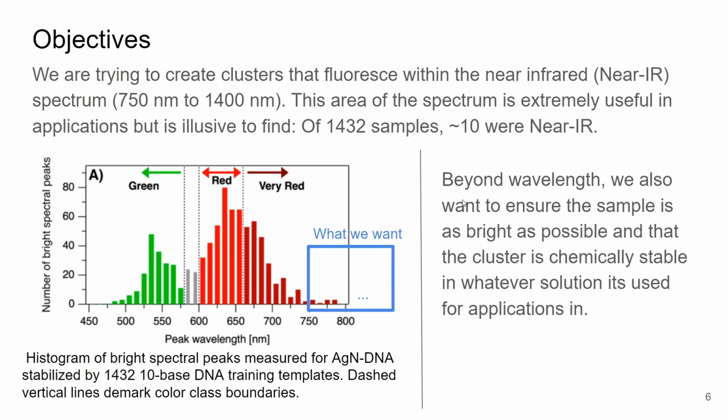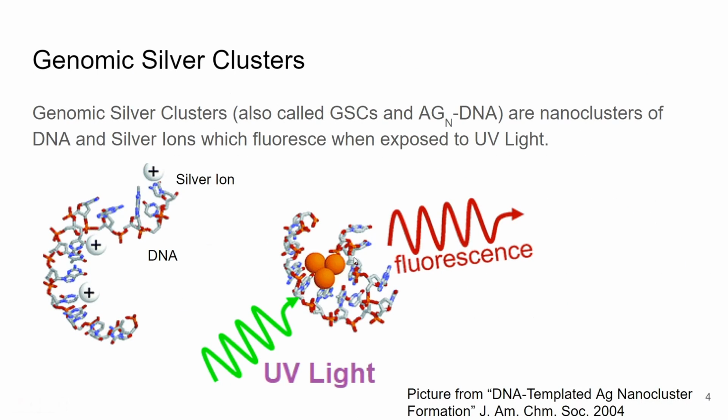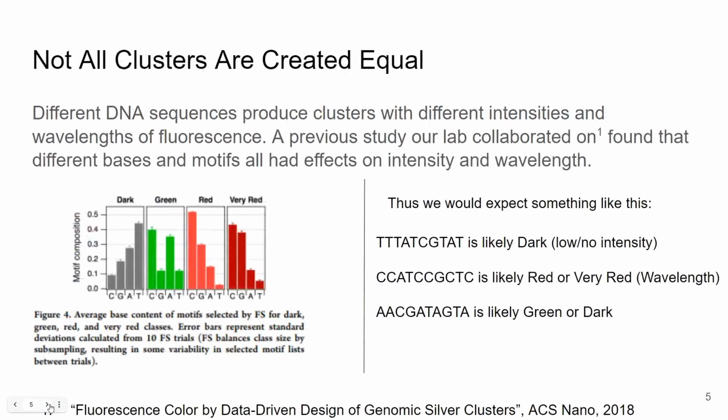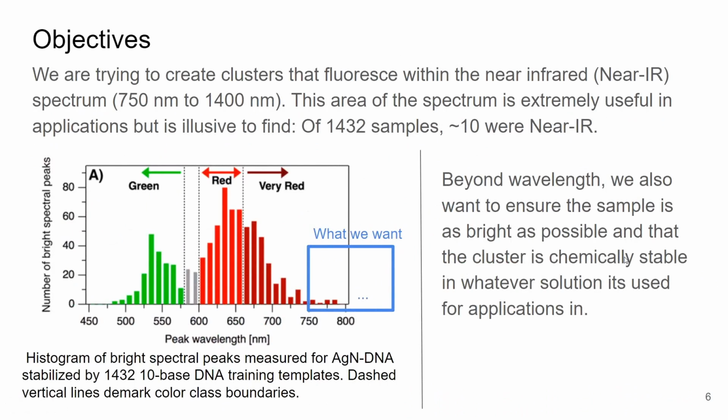But there's more than just that. We also want beyond wavelength. So essentially, these are literal molecules, right? We're designing these molecules. So the other thing that we care about is the fact that they're chemically stable in whatever solution they're used for applications for. So for example, if you're going to use this as a tag to identify things in the body, you want it to be able to exist within the human body.